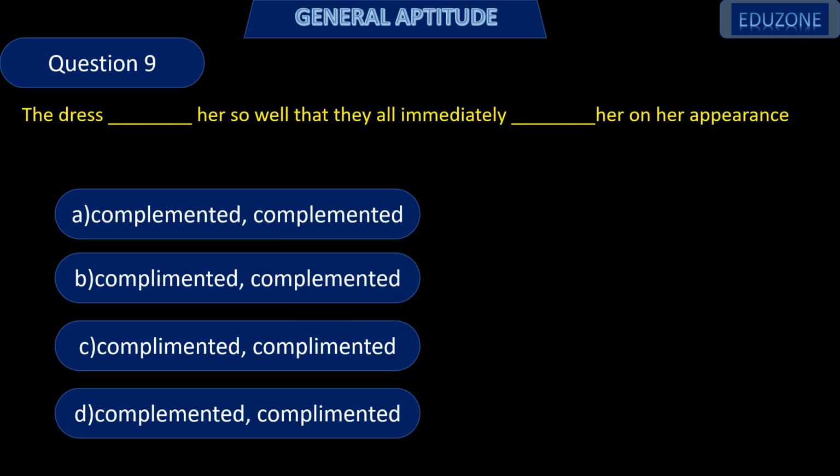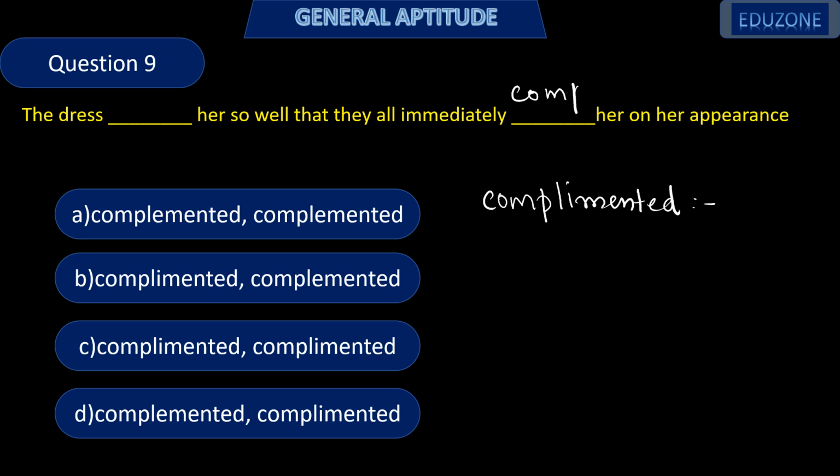The dress dash her so well that they all immediately dash her on her appearance. There are two words, complimented, C-O-M-P-L-I-M-E-N-T-E-D, which means expressing praise or admiration. That is praising her, immediately praised her on her appearance.